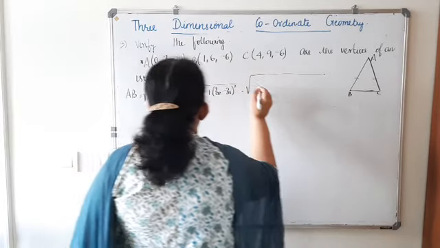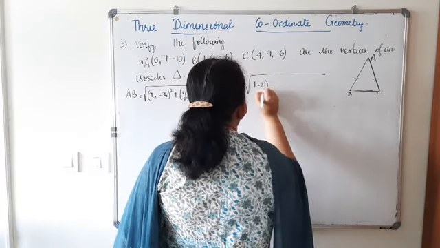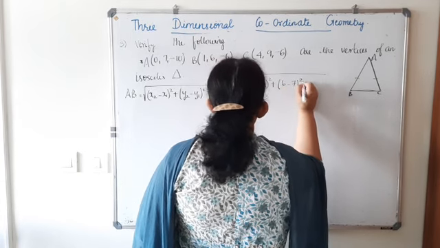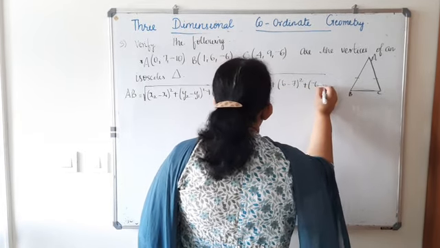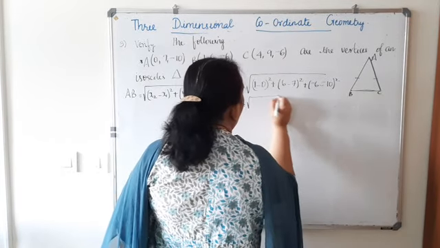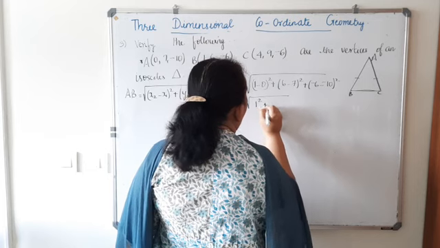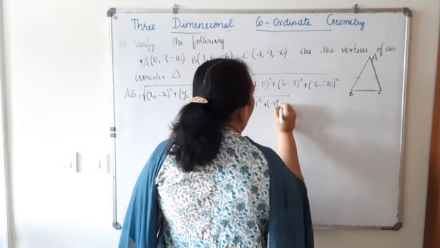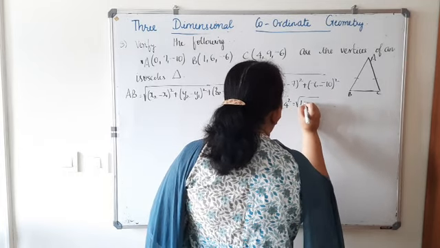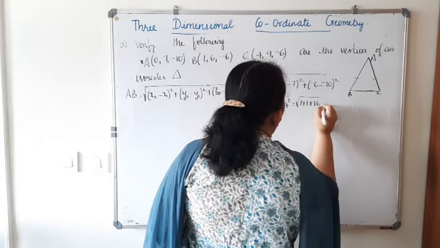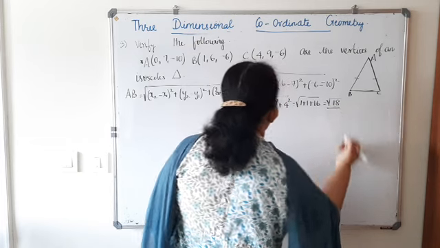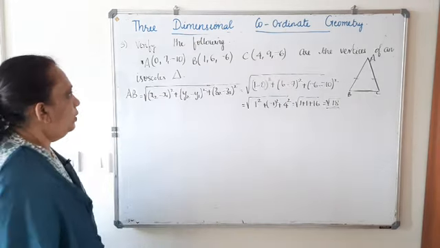A and B. (1 minus 0) the whole squared plus (6 minus 7) the whole squared plus (minus 6 minus 10) the whole squared is equal to root of 1 squared plus (minus 1) squared plus 4 squared, equal to root of 1 plus 1 plus 16, is equal to root of 18. Length of AB is equal to root of 18.